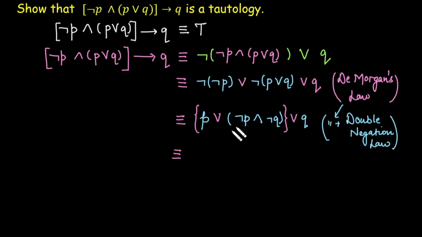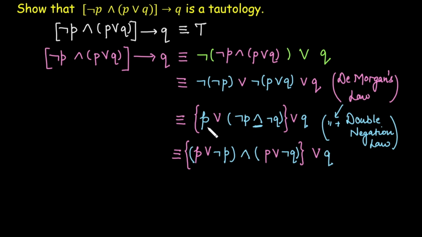So we can write the statement as P or negation P, and I need to put the bracket as well because the next operator is and, P or negation Q. Also keep the bracket because the next operator is or, and here we have and.